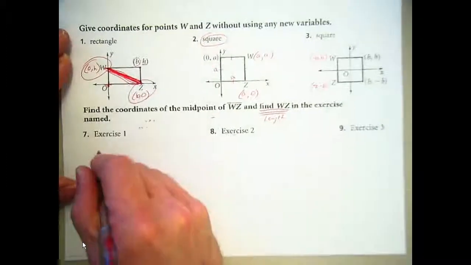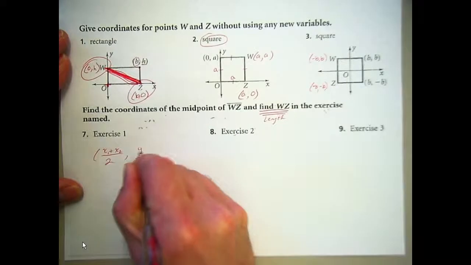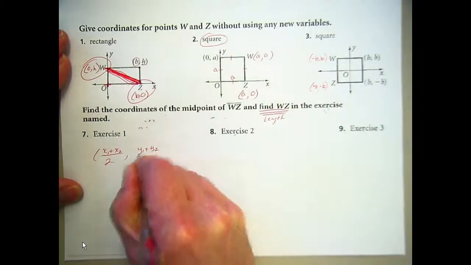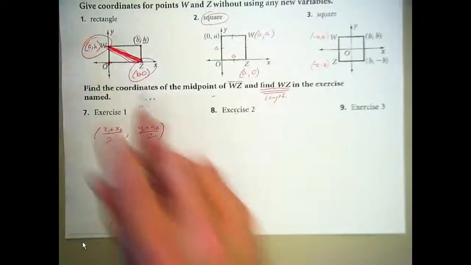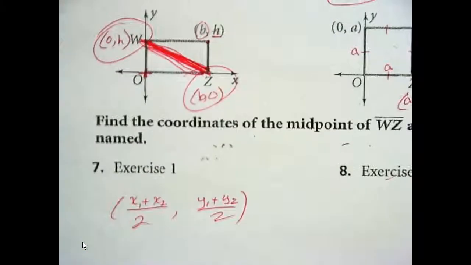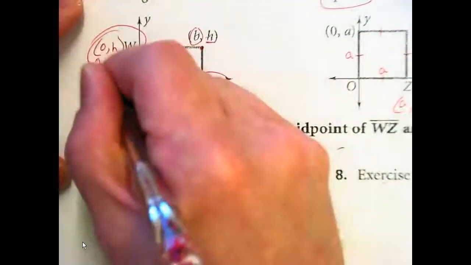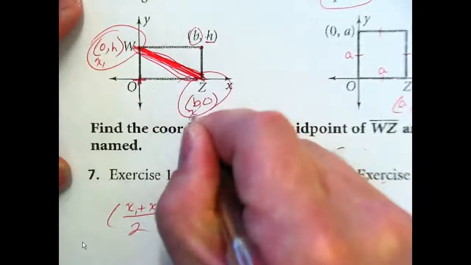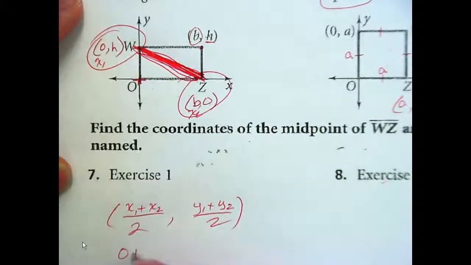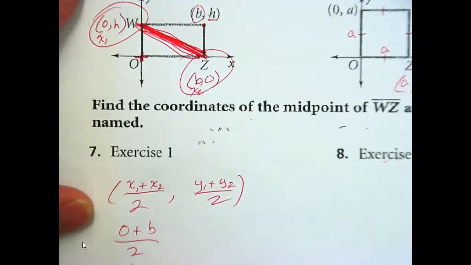Alright, so the midpoint would be our x1 plus x2 divided by 2, and our y1 plus y2 divided by 2. So in this case, we got our x1 and our x2. We end up with 0, if we call this x1, and this one x2. We got 0 plus b over 2, or just b over 2.